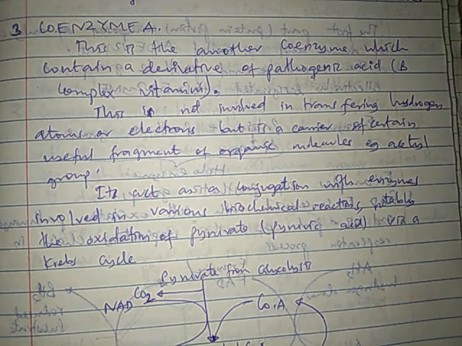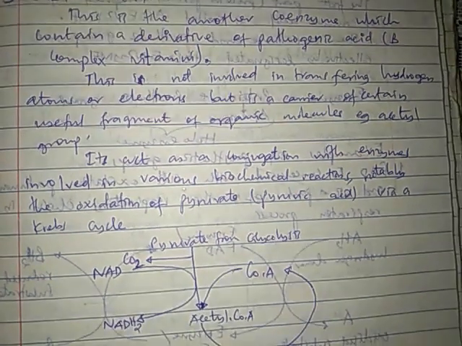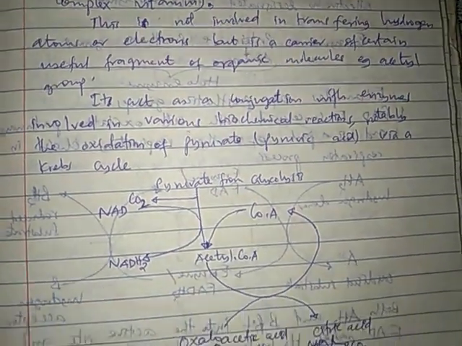So in the process of respiration, coenzyme A acts as the carrier of the acetyl group from outside of mitochondria into the inside of mitochondria. It acts in conjugation with enzymes involved in various biochemical reactions, notably the oxidation of pyruvate, that is pyruvic acid, via Krebs cycle.